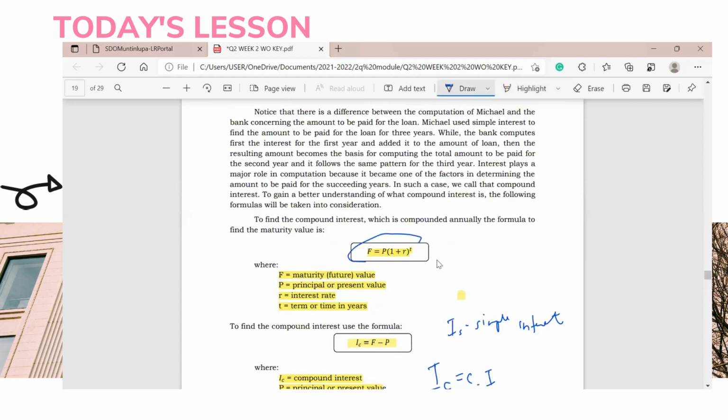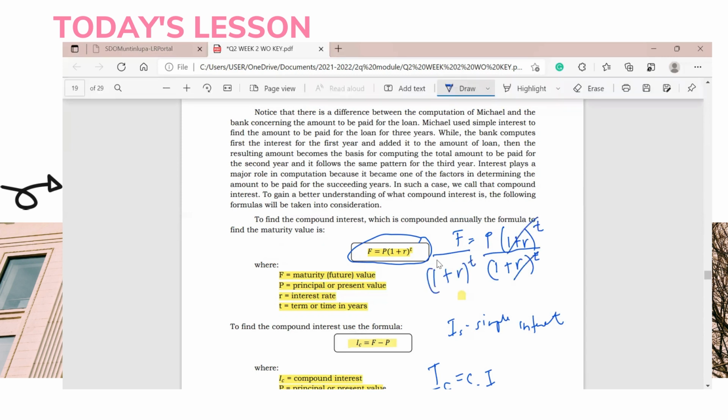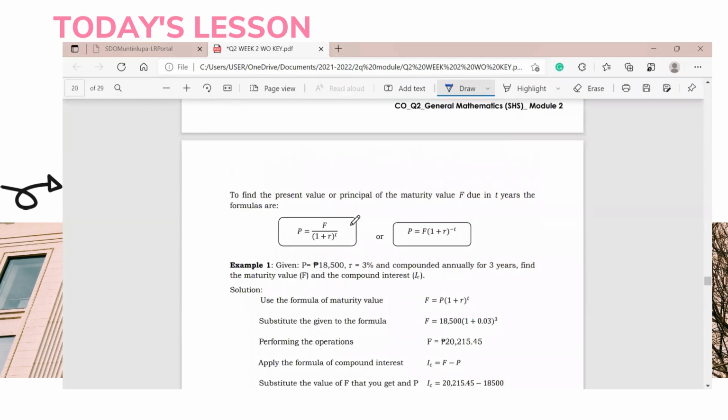Since P is what we are looking for, from here you have P times 1 plus R raised to T. Since our aim is to find the principal amount, we divide both sides by 1 plus R raised to T. So P is equal to F over 1 plus R raised to T, as shown below.